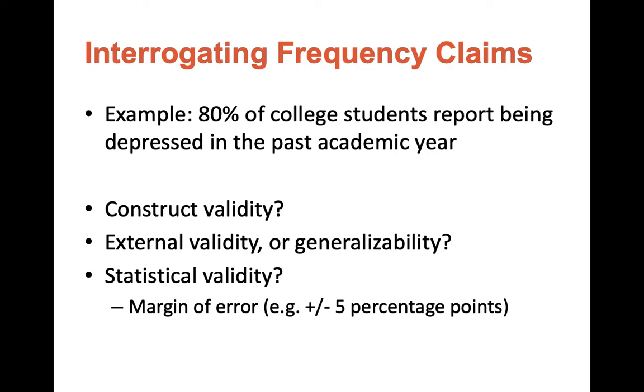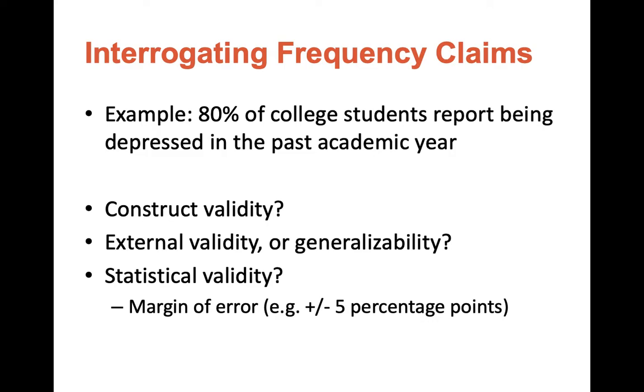And so starting at construct validity, really what we're asking is, how well is that variable measured or operationalized? So the variable we're talking about is depression. Well, there's standard ways to measure depression, right? Like there's clinical inventories of depression.